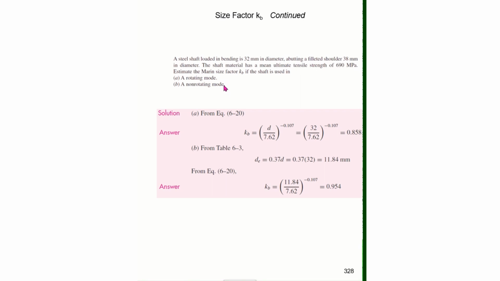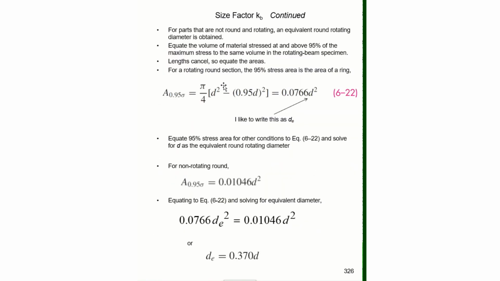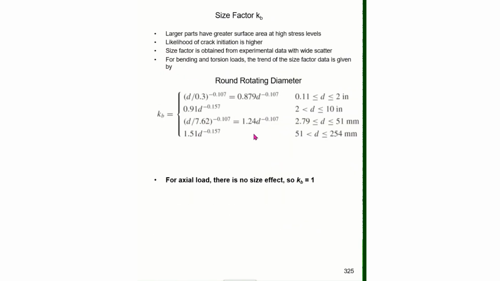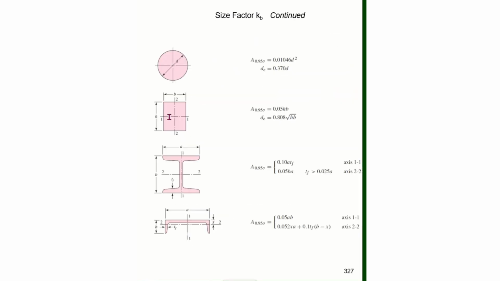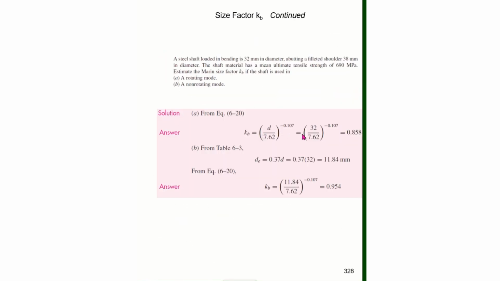So first of all, if we're doing rotating, we come back to our equations and we see that the 32 millimeters falls in this region. And so I'd simply take the 32 divided by 7.62 and raise that to the minus 0.107 and get my KB value. And that is what has been done here. And I get a KB of 0.858.